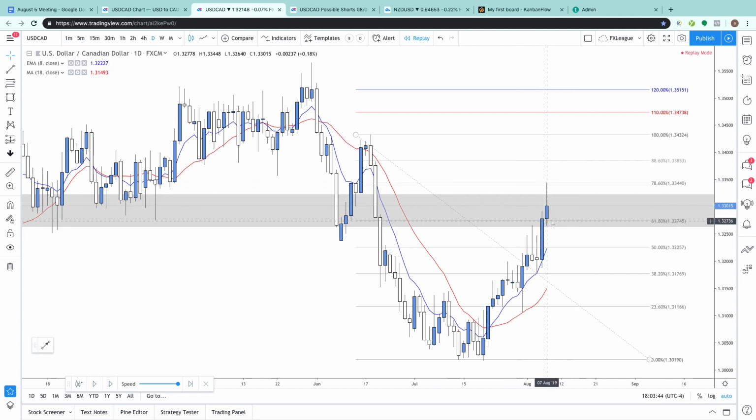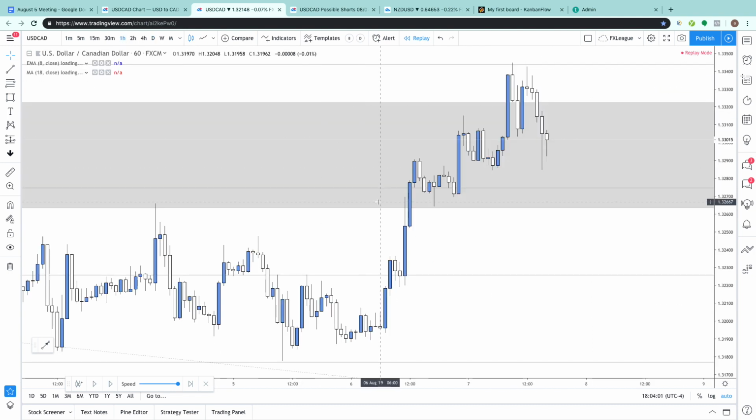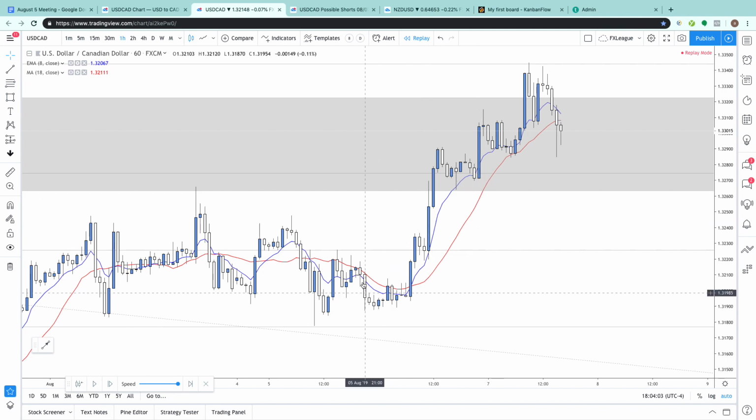We also know the US dollar has been very speculative this week, with a lot of fundamental news coming out, and it's been pretty weak. From here, I decided to go down a time frame and picture how this market might fall.